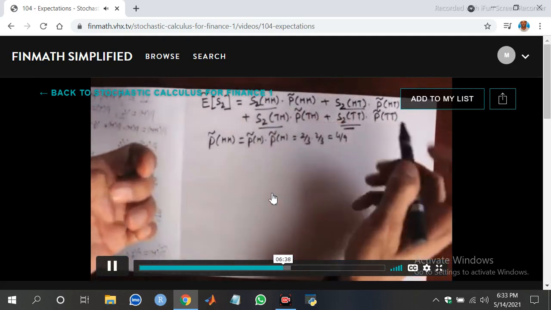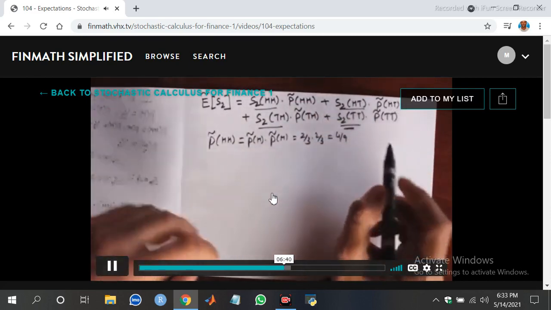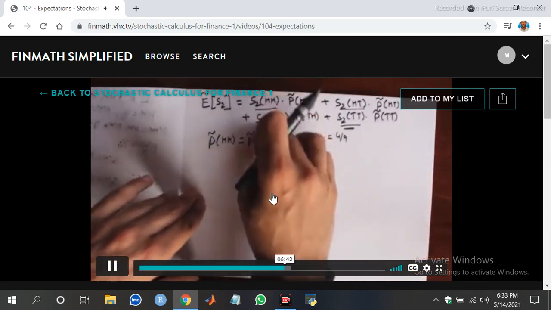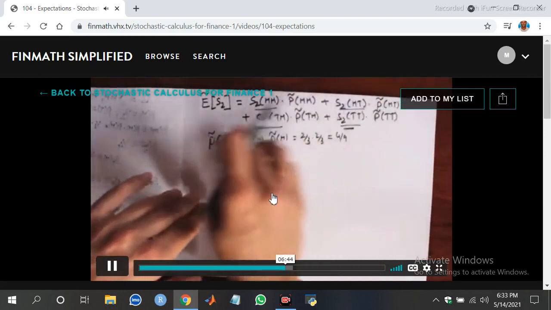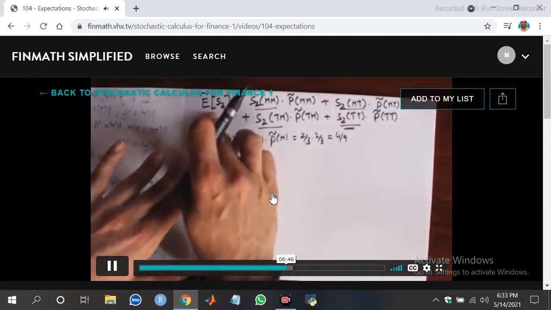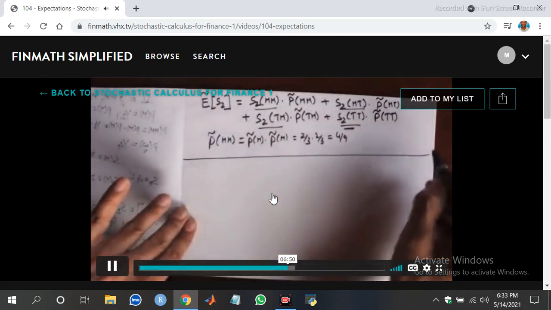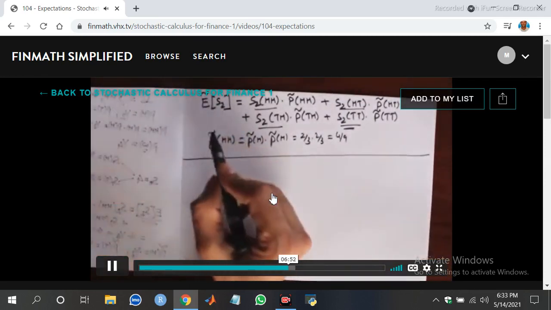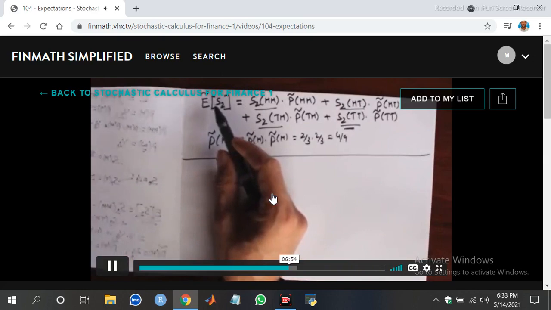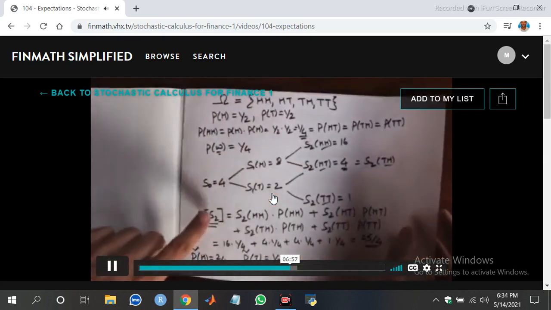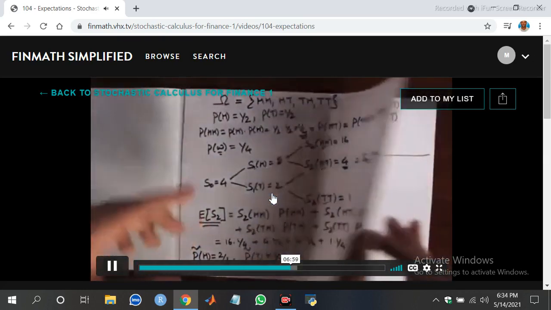So it's simple multiplication of their probabilities. And then we already know what the values of the random variable are, so you can easily calculate the expected value under this new probability measure. Okay, and you can check that under this probability measure, the expected value of this random variable would be different from the expected value under the previous measure.